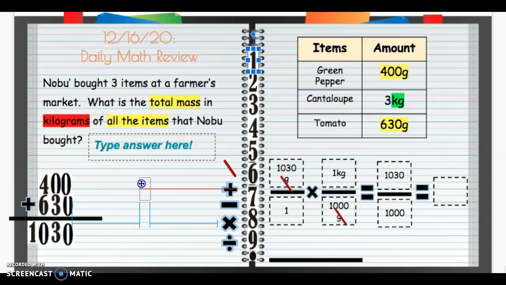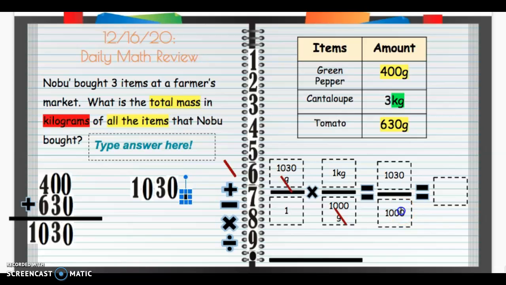So if we have 1,030, our decimal point is always behind it. This is something you learn in 4th and 5th grade when you multiply or divide by powers of 10.